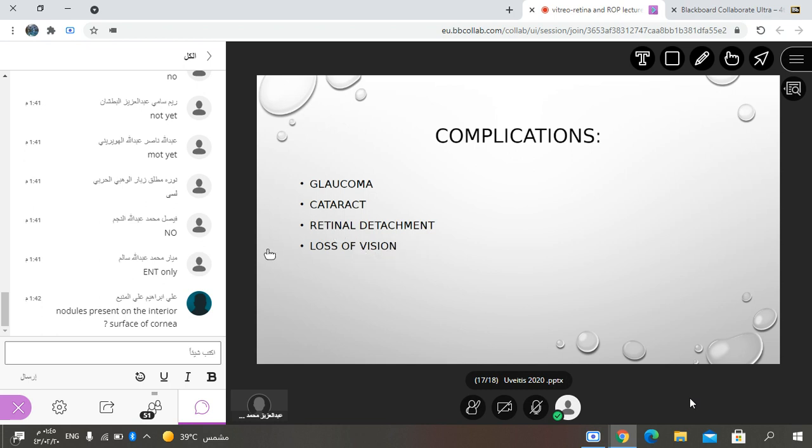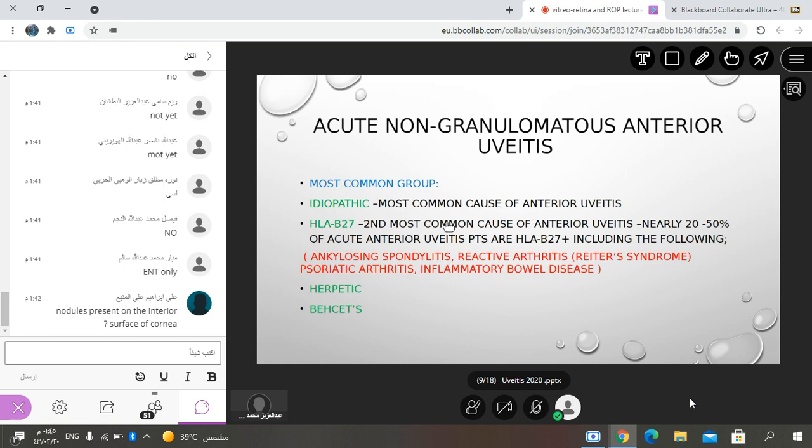Of course, herpes simplex and herpes zoster can result in anterior uveitis, and we mention it here as herpetic anterior uveitis, but herpetic infection can also present with retinitis. If this herpetic infection results in retinitis, it will be a very severe condition, and we don't see it in the usual healthy human being.